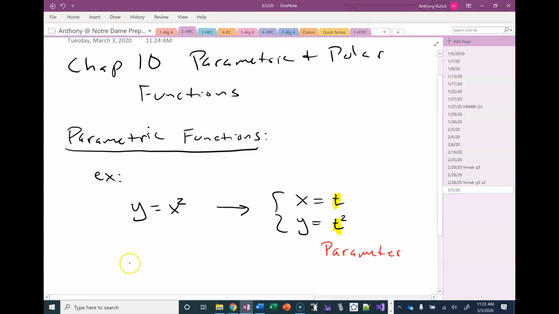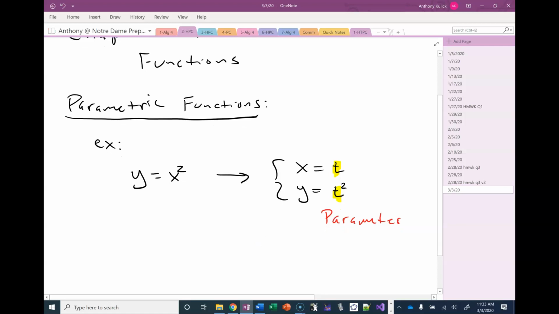So y equals x squared is the function representation, and the system that we wrote here is our parametric version of the same function. It's just a different way to represent the things that we've already been dealing with.